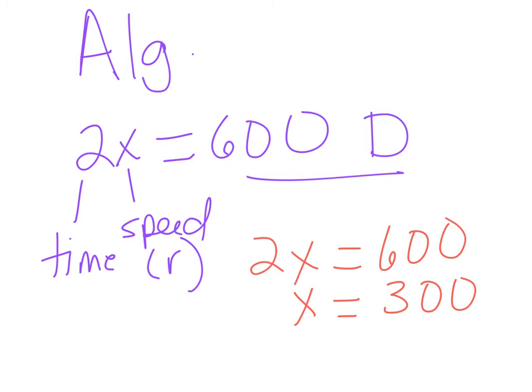So our answer is that to arrive in 2 hours, the pilot would have to slow down the jet to fly 300 miles per hour.